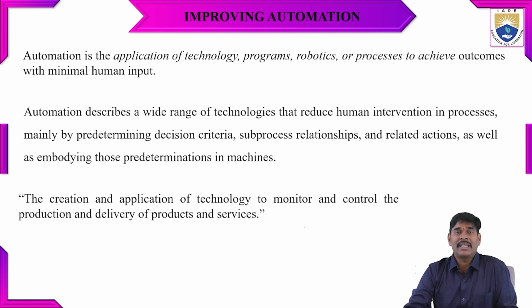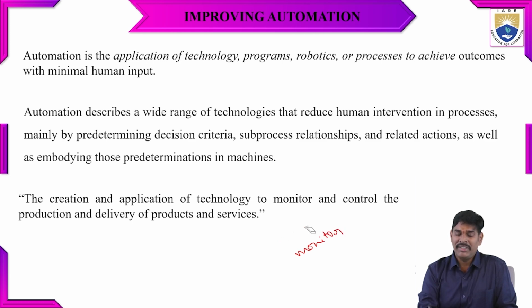It means the creation and application of technology to monitor and control the production and delivery of products and services. When you use automation, they can create various technology, and it will be monitoring and controlling the production.